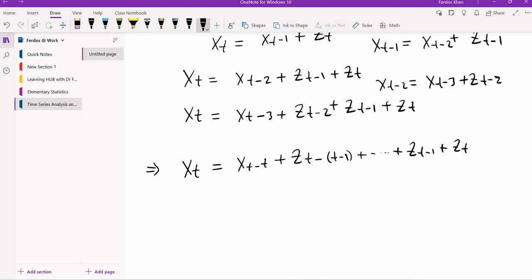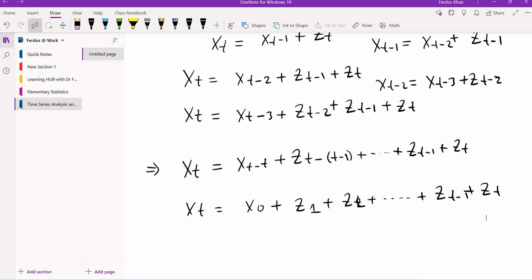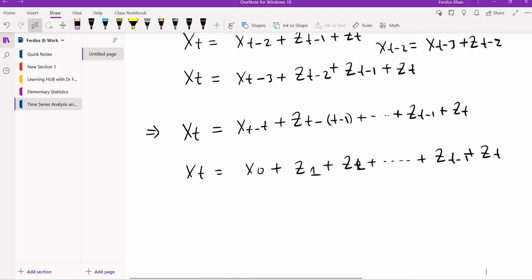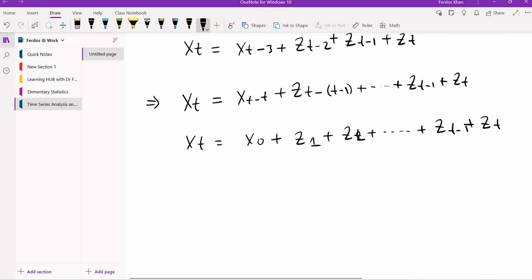So this is equal to then xt equal to x naught plus z1 plus z2 plus up to zt minus 1 plus zt. You already know that the process starts at 0 point, has a value 0, x naught equal to 0.